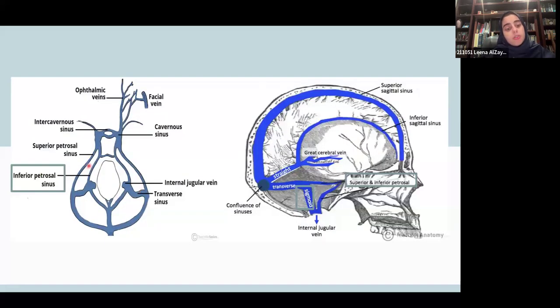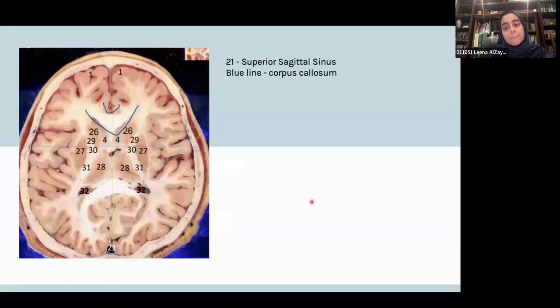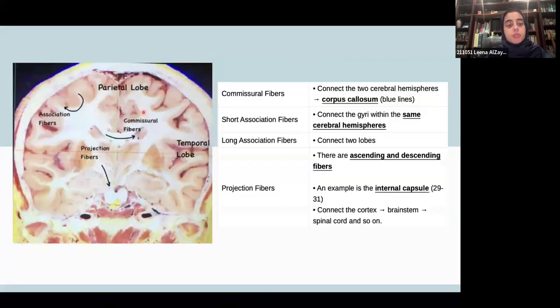Okay, so this is the inferior petrosal vein. We just talked about the inferior petrosal draining into the sigmoid sinus. Now 21, we said, is the superior sagittal sinus. It's not anything hard. And over here, we said it's the corpus callosum. We already talked about it before in other slides.